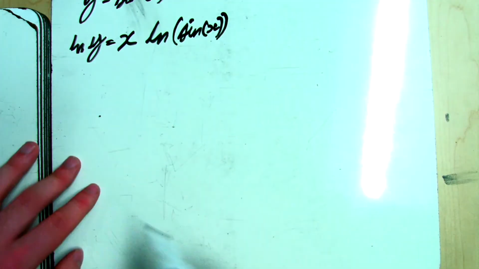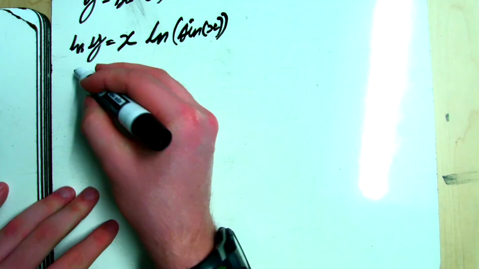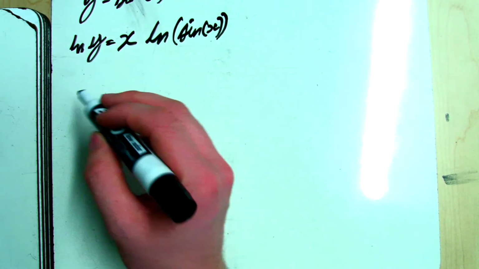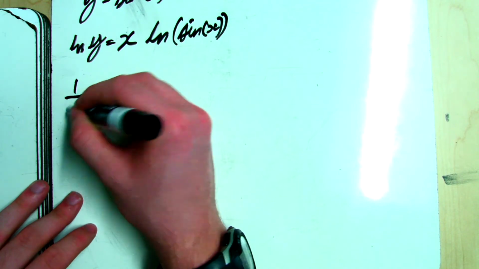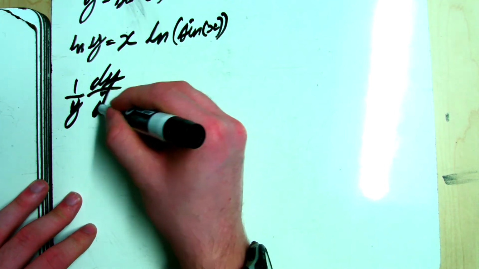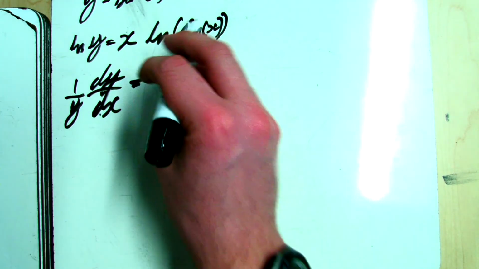And given this, we can derive from here. So first, to derive, we will find the derivative of the natural log of y, which is going to be 1 over y dy dx. Then we are going to derive this side.